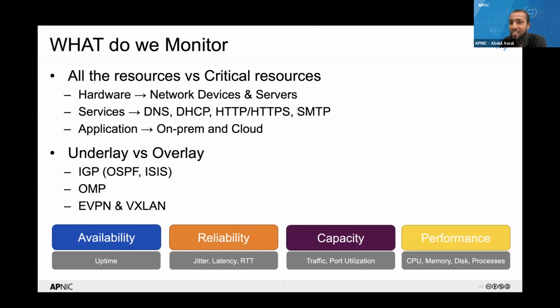So you want to check their reliability or reachability, and then you want to understand your capacity. So let's say traffic and port utilization, bandwidth utilization, things like that. Also, the device performance, like CPU utilization or RAM or memory and hard disk and processes, things like that.